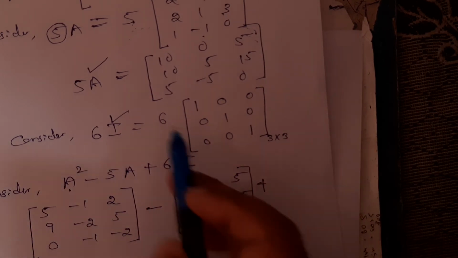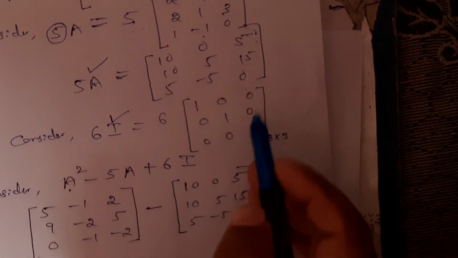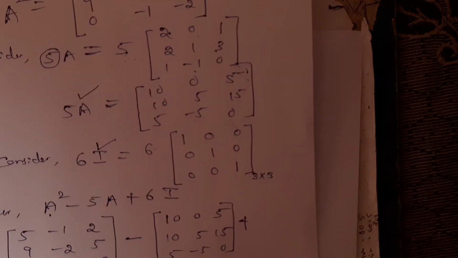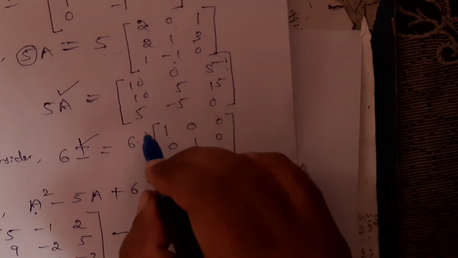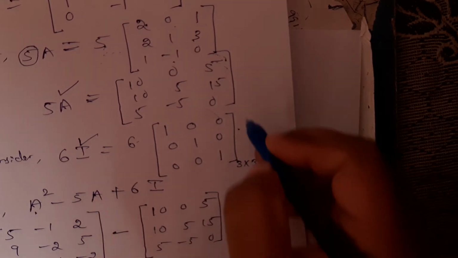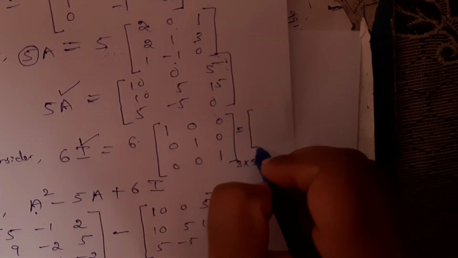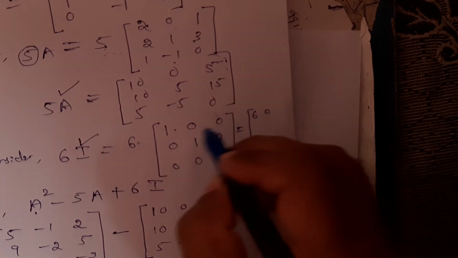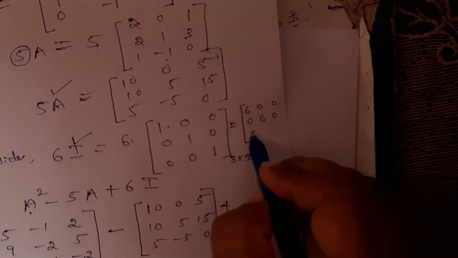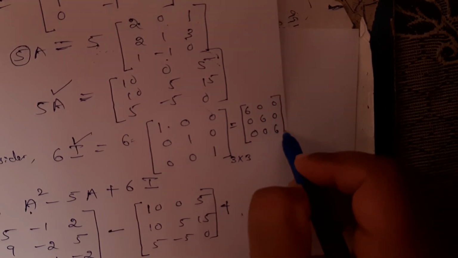Then plus, see, this is 6i. So here 6 into identity matrix, we have not multiplied here, so we can multiply here or here only. Okay, I will do it here. So 6 into 1, that is 6, 6 into 0 is 0, then 0 6 0, then 0 0 6. Okay, this is 6i.